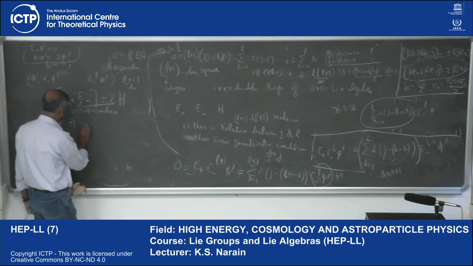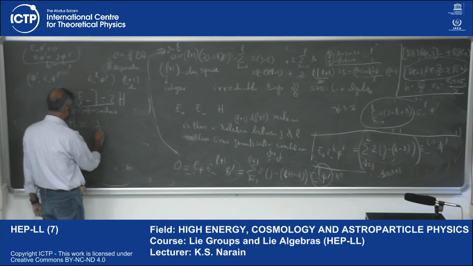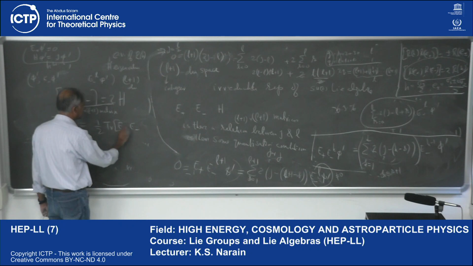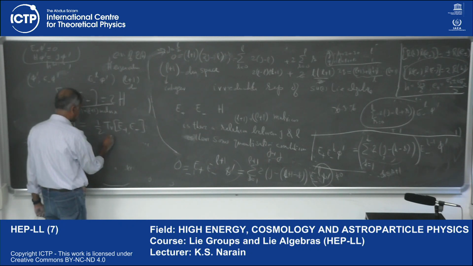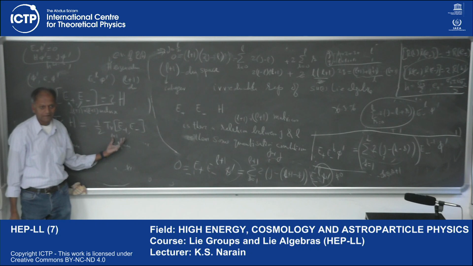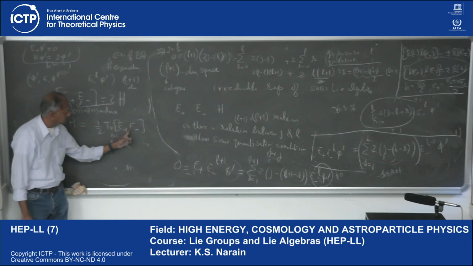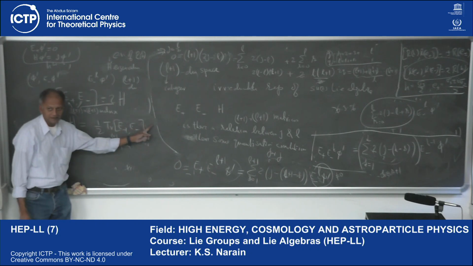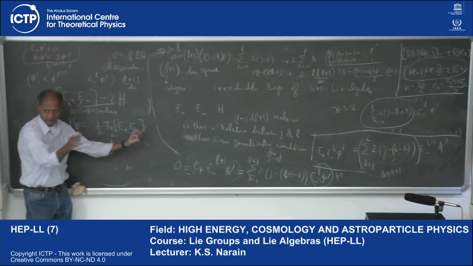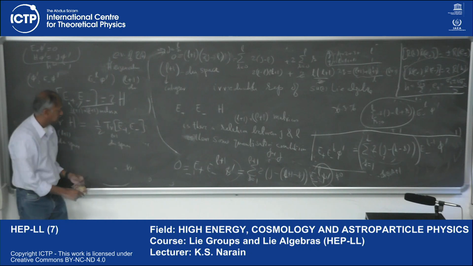Well, this is the same as 1/2 the trace of the commutator of E plus and E minus on the same space. But the trace of the commutator is always 0, right? Because after all, this is the trace of E plus E minus minus E minus E plus. But by the cyclic property of the trace, you can move the matrices around, and this vanishes.